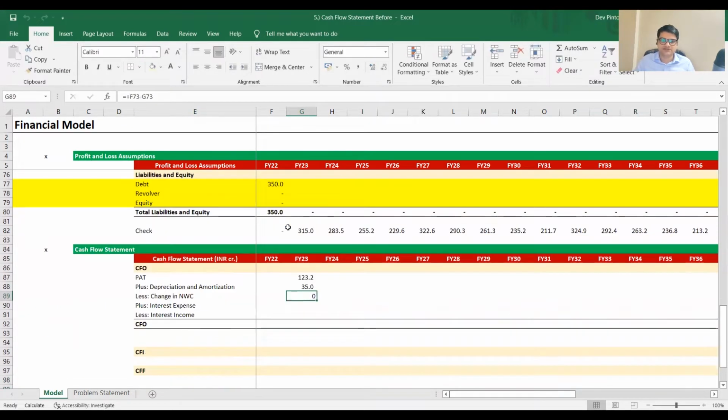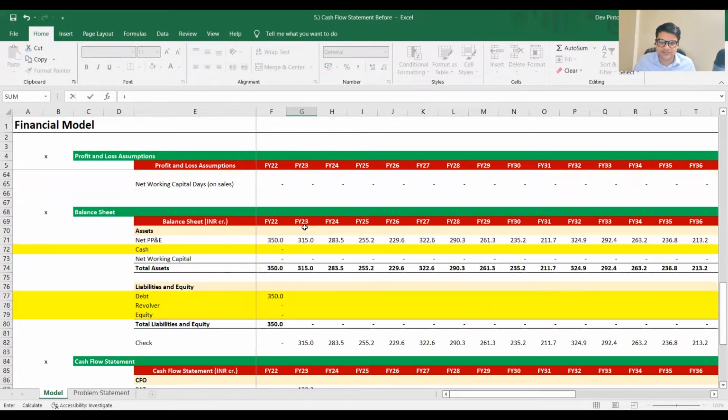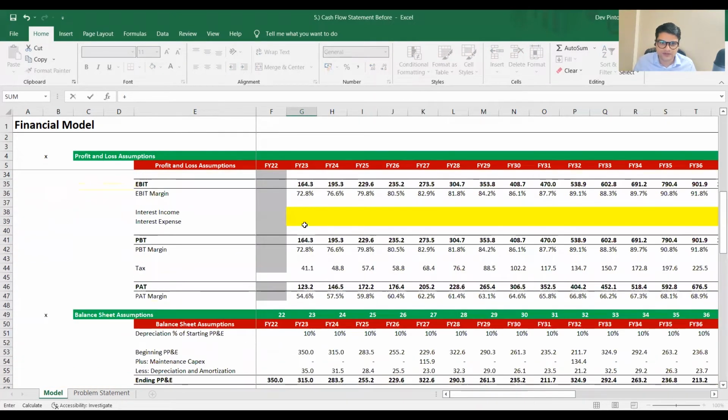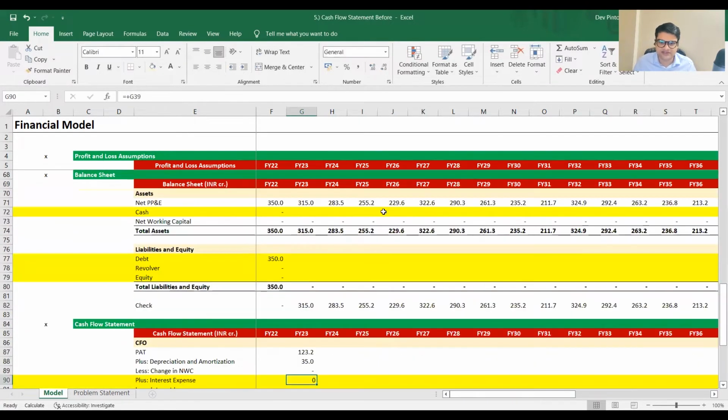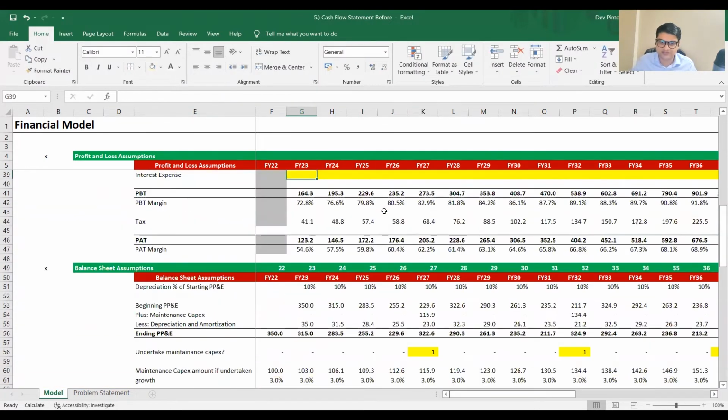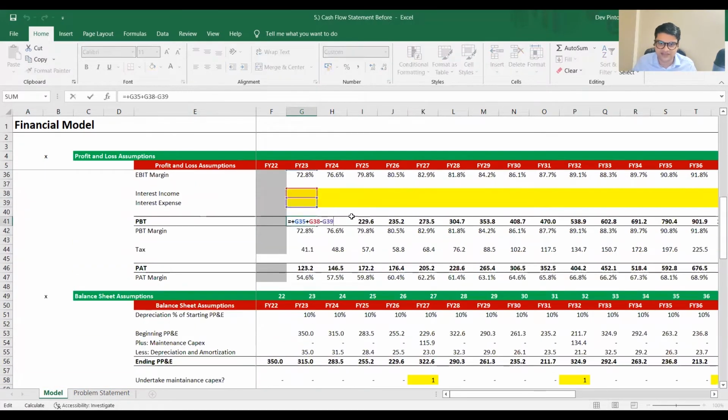Interest income expense, we haven't computed yet. Let's leave that for the end, but we got to be very, very wary about the signs, right? It's easy to get this wrong. It can just be this interest expense, so I've just done plus. Now let's just confirm that the sign is right.